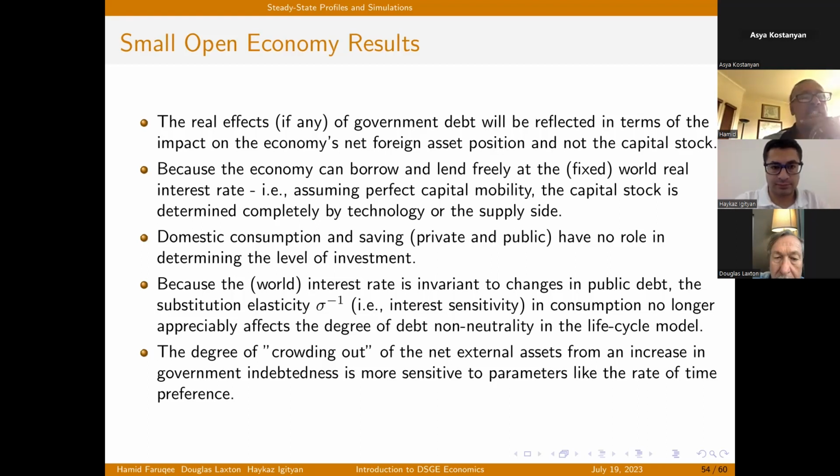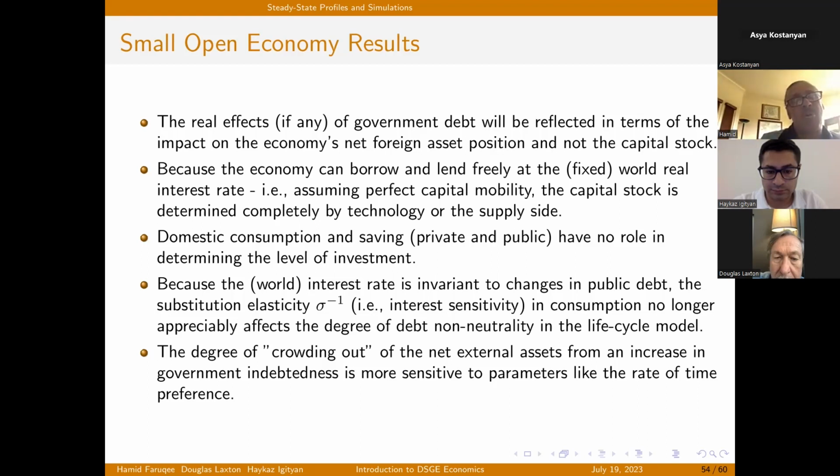And so what we're really just determining is what the NFA position is, how much saving is affected by the changes in government debt at that given interest rate. And so we'll talk about crowding out, not in terms of the capital stock, but in terms of the NFA position.